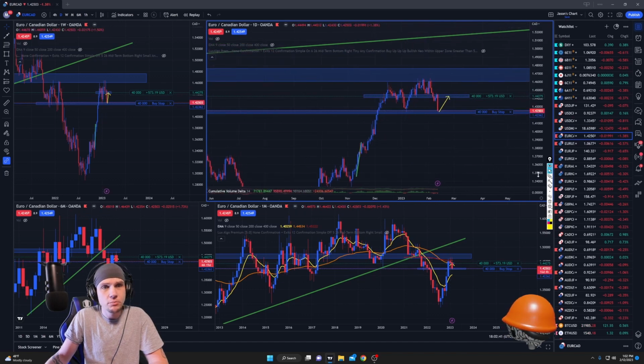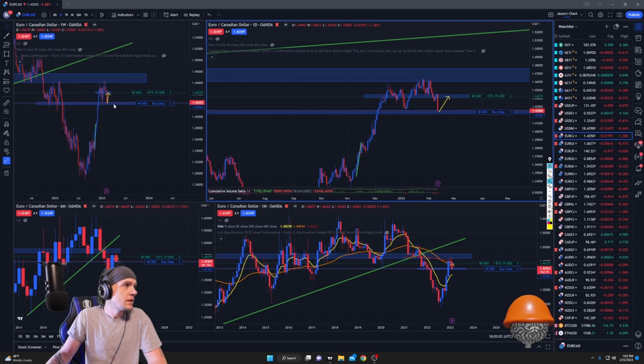Euro CAD. Same thing. We're coming into a big zone here. The last time we hit this zone, we got a nice bounce away. So now this will be number 2 of this zone. On the monthly chart, it looks kind of like, ooh, it reversed, possibly. But it's still not over yet.